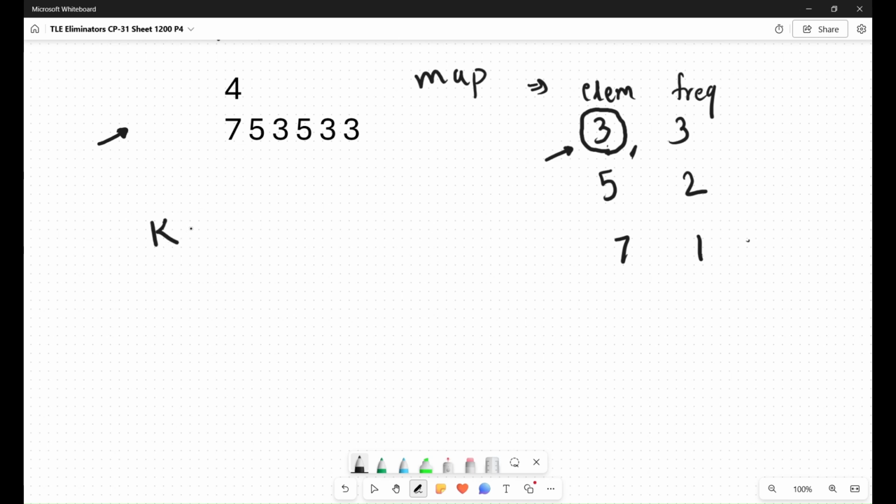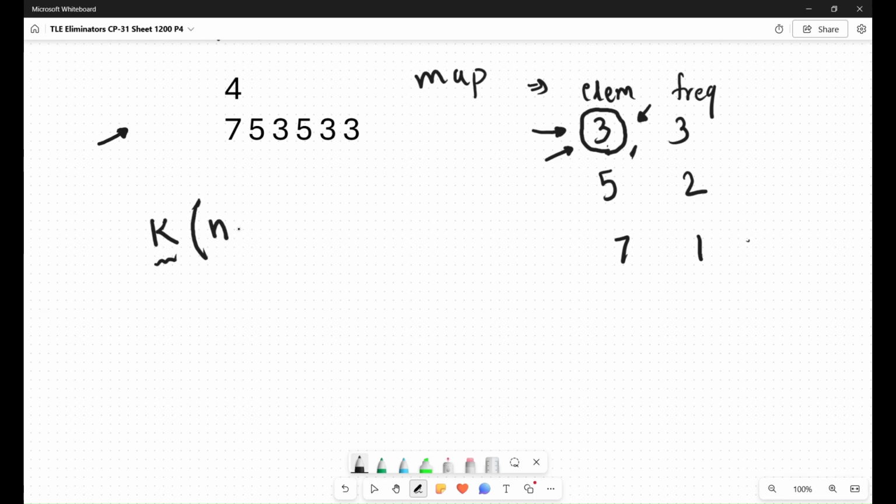So this is the most important part of the solution, so carefully listen. I will choose k, where k is the frequency of this element 3 in the actual array A. Suppose I'm checking for this minimum element right now.